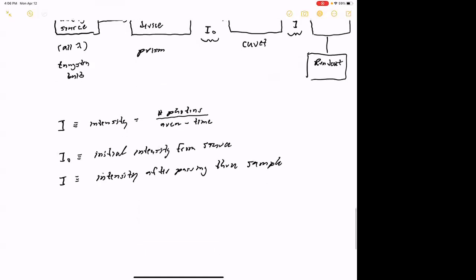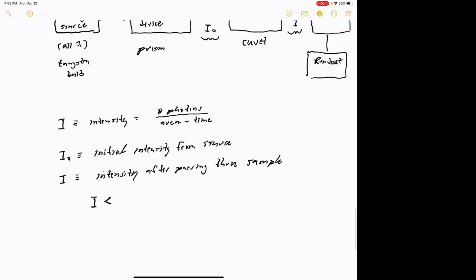As a general rule, as I mentioned, I should be less than I naught if the sample is actually absorbing light at that wavelength. All right, everybody good so far with this?